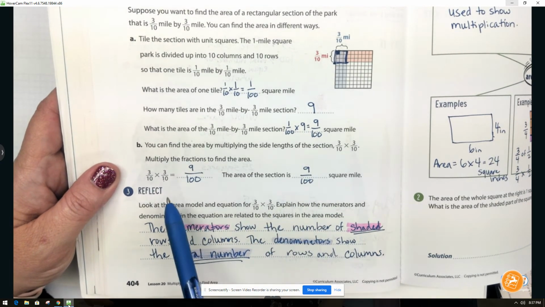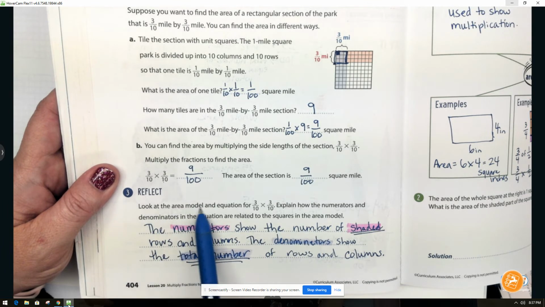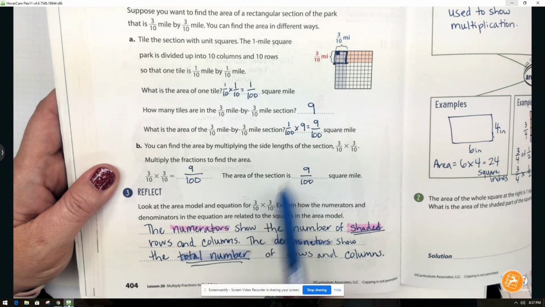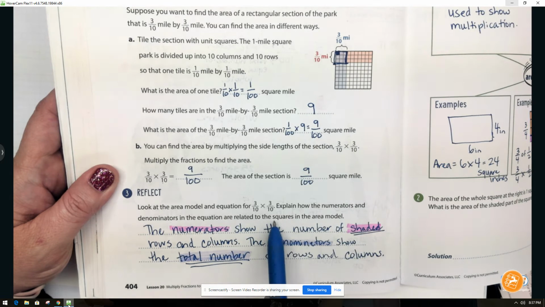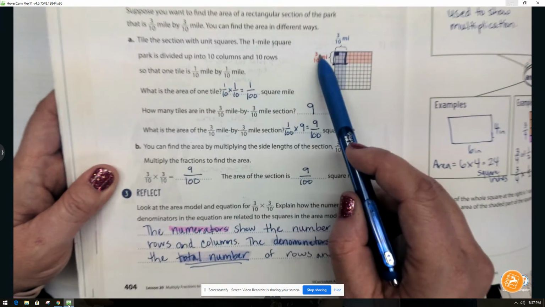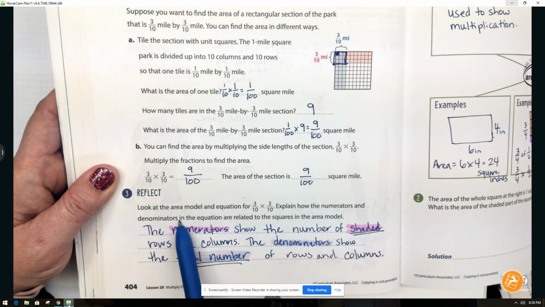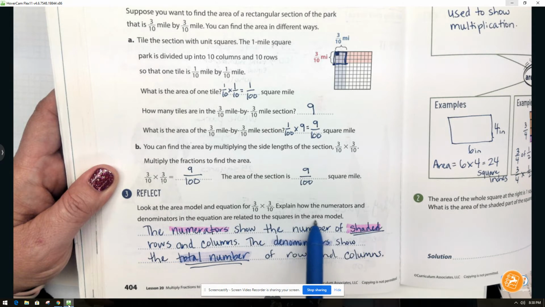Now let's go back and reflect on what we've talked about today. Looking at the area model for the equation 3/10 times 3/10, explain how the numerators, which are the 3's, and the denominators, which are the 10's, in the equation are related to the squares in the model.